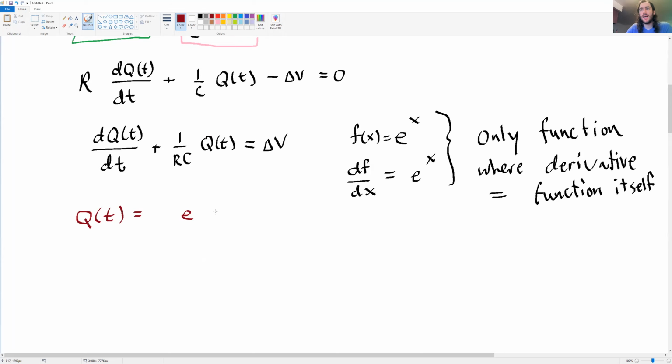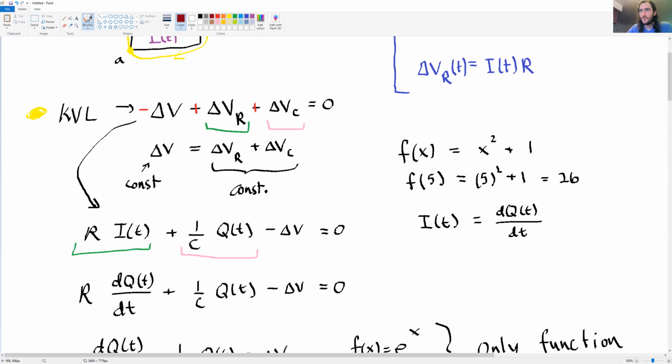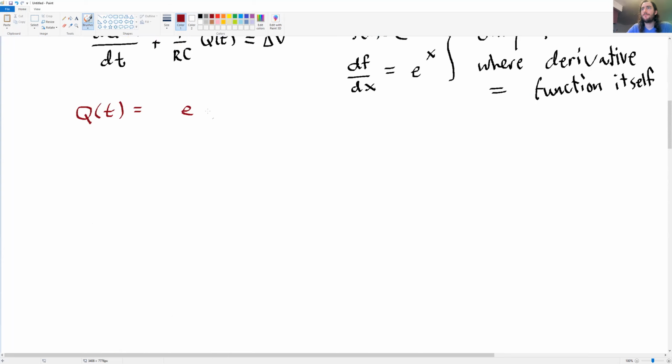And perhaps maybe it has, well, let's see here. So let's make a careful guess here. So in this particular problem, what is the charge doing? Well, the charge starts off at 0, right? That's our initial condition. If the charge starts off at 0, then it's got to climb up to a maximum value, right? Once it climbs up to that maximum value, then it's got to stop climbing, right? And so what kind of behavior should we guess here? Well, obviously the exponential depends on t, right?